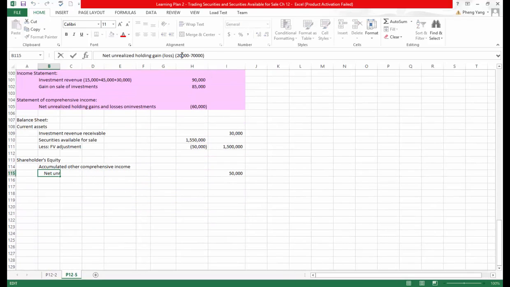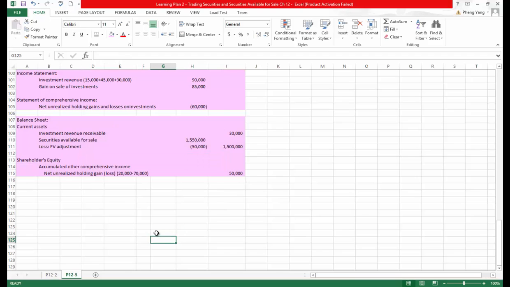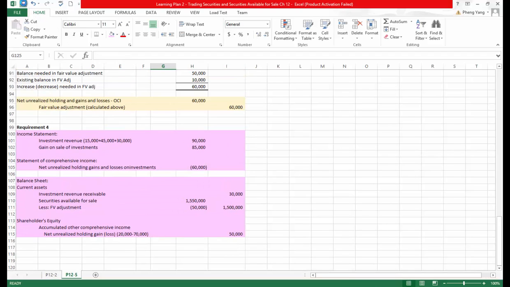All right. And I believe that's it. Let me just make sure I highlight this so that you can see it once you print it out. So that's what we have for problem 12-5 requirement 4.